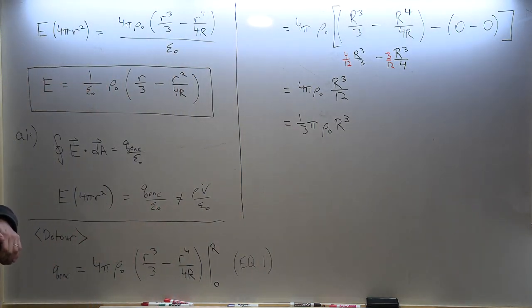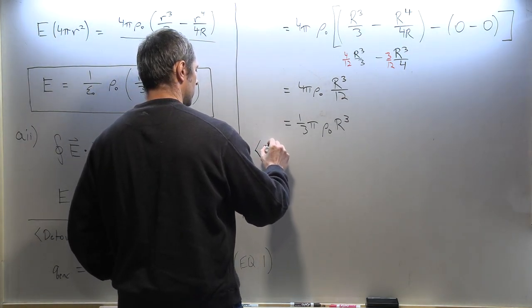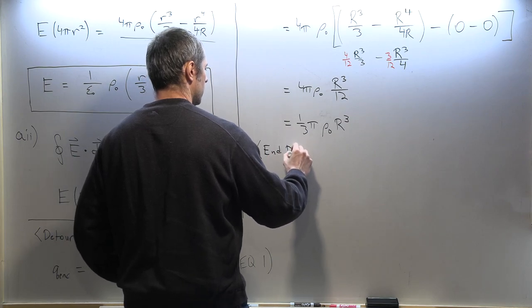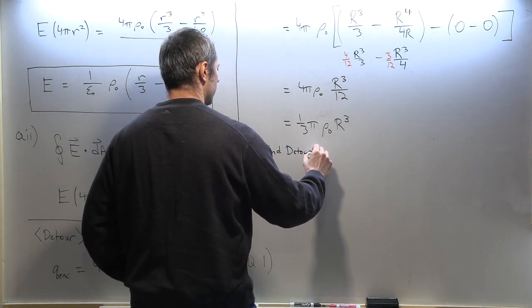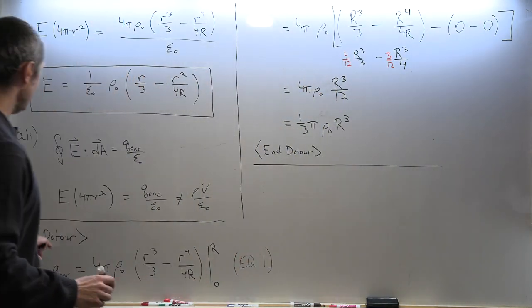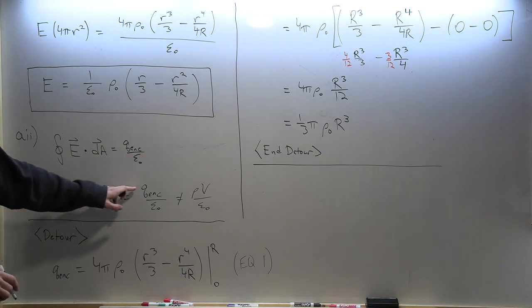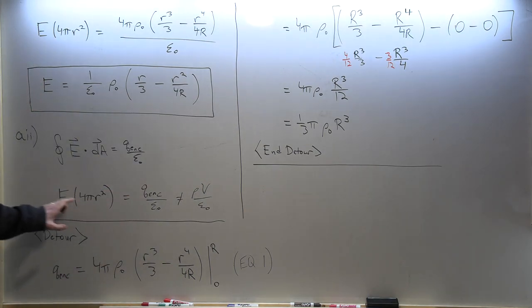And we can now go ahead and end our detour and go back to our Gauss's law calculation here. So let's plug that expression into Q enclosed here.